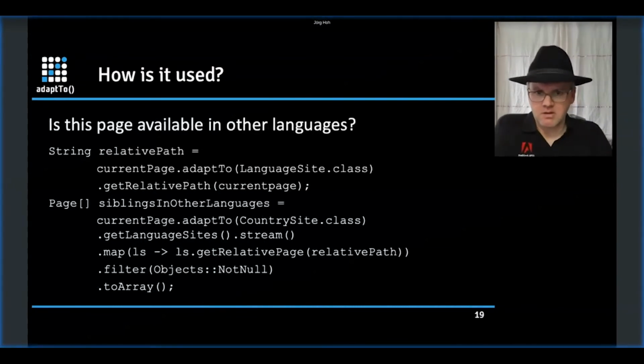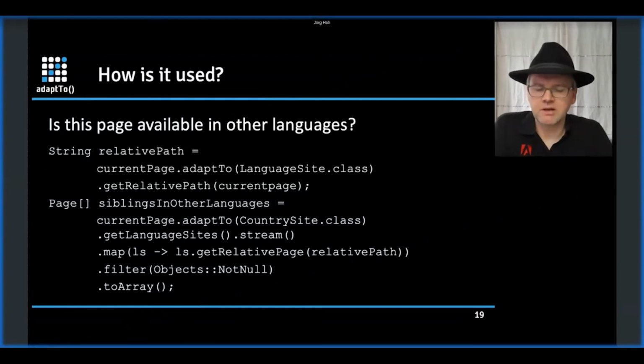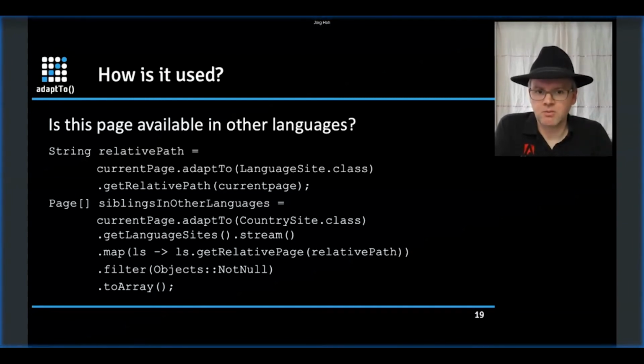If we want to display the navigation for this page in a different language, first ask what is this available in, in other languages and in what pages? So it could be as simple as this. Typically, I found a lot more code.